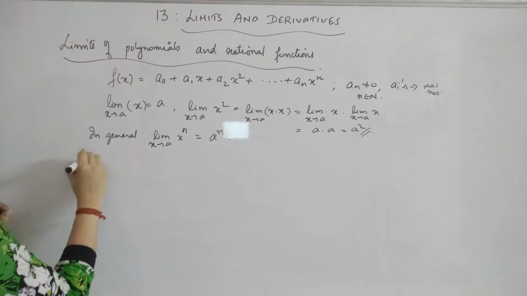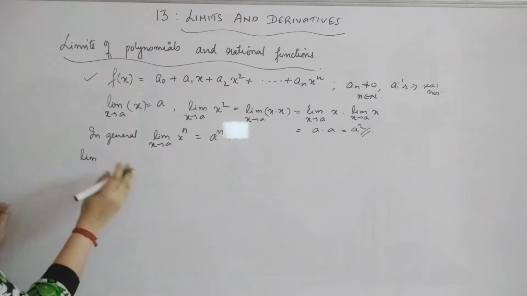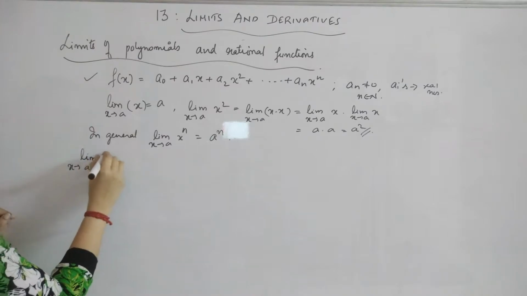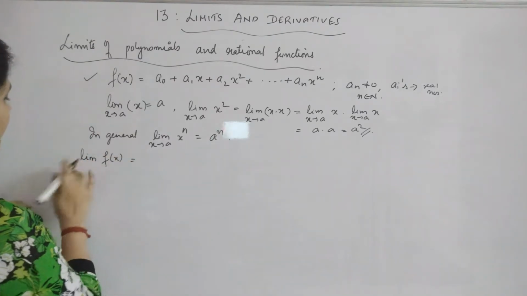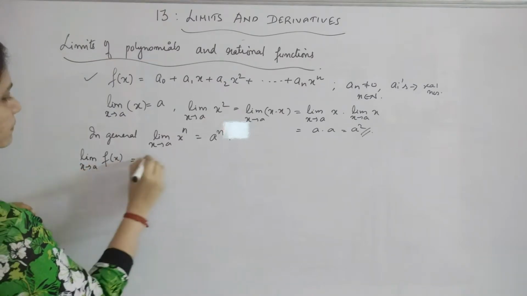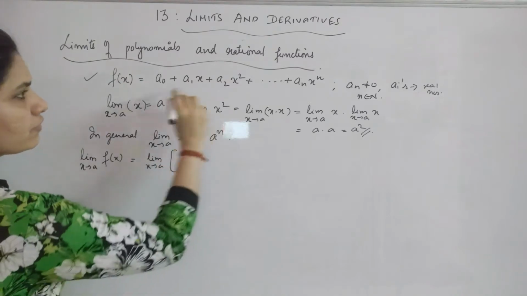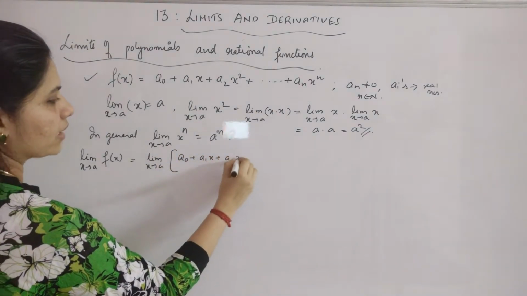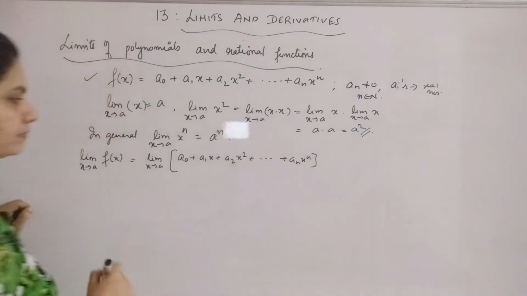Okay, so we are starting with this function f of x and we are just applying limit x tends to a for this polynomial function. So limit x tends to a, f of x is equal to limit x tends to a of the whole term, that is in the right side, a naught plus a1x plus a2x square plus etc plus an x raised to n.